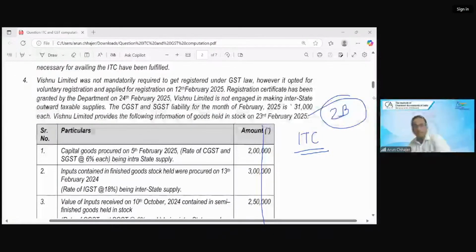You all are saying the answer is no. Why no? My question is why 2B is not mandatory for claiming this ITC?